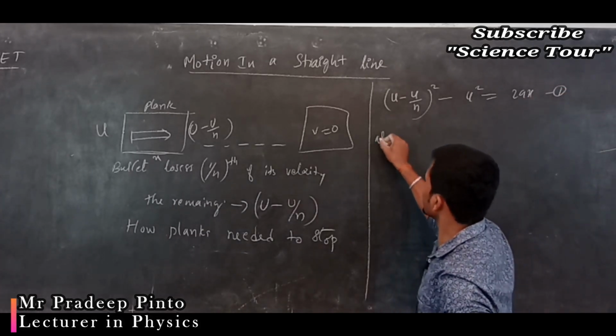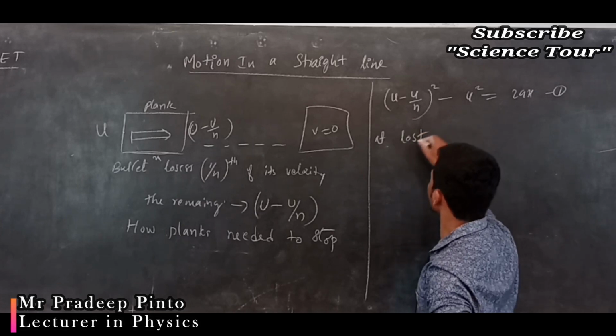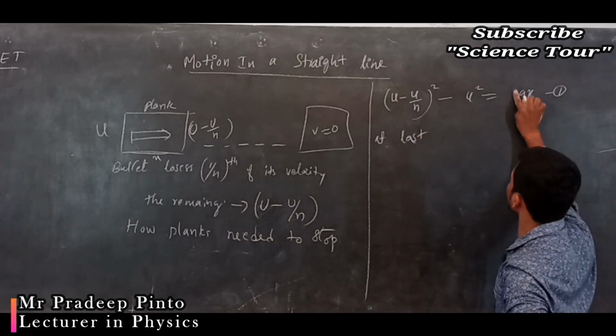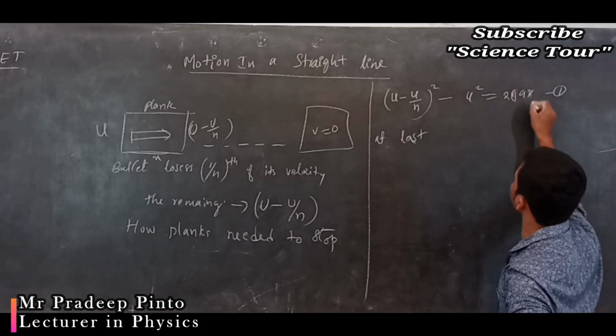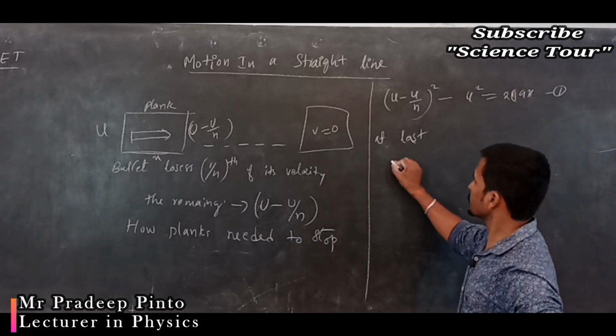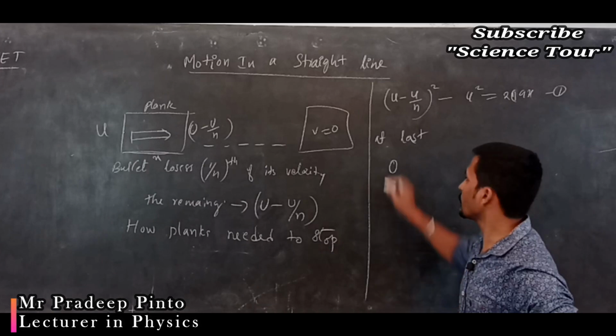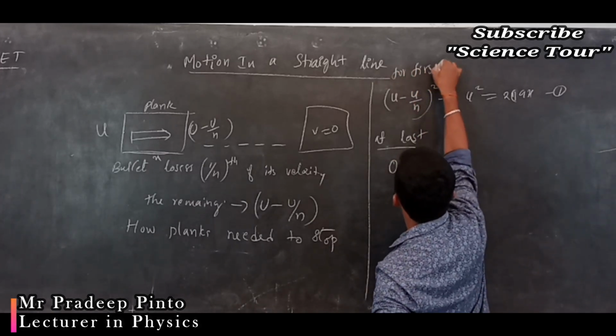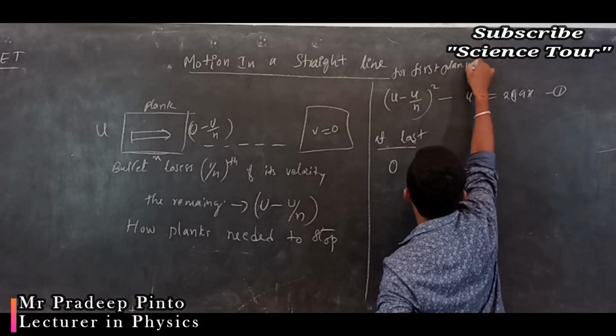At last what happens? The final velocity becomes 0. That was for the first plank.